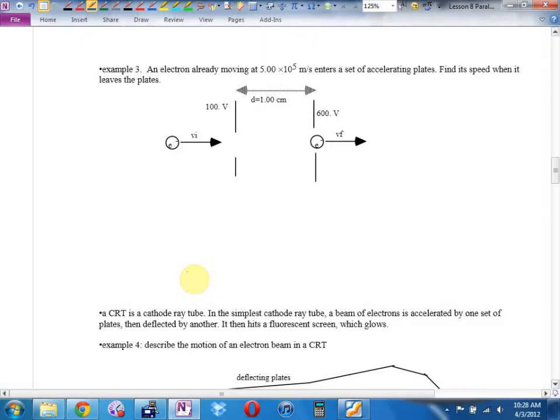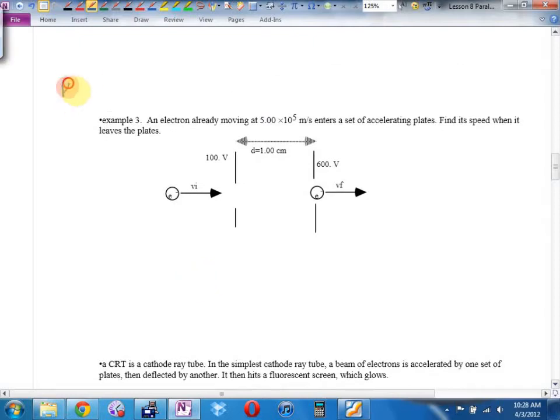You know what? I think I might try conservation of energy. Kinetic energy initial plus potential energy initial equals kinetic energy final plus potential energy final.